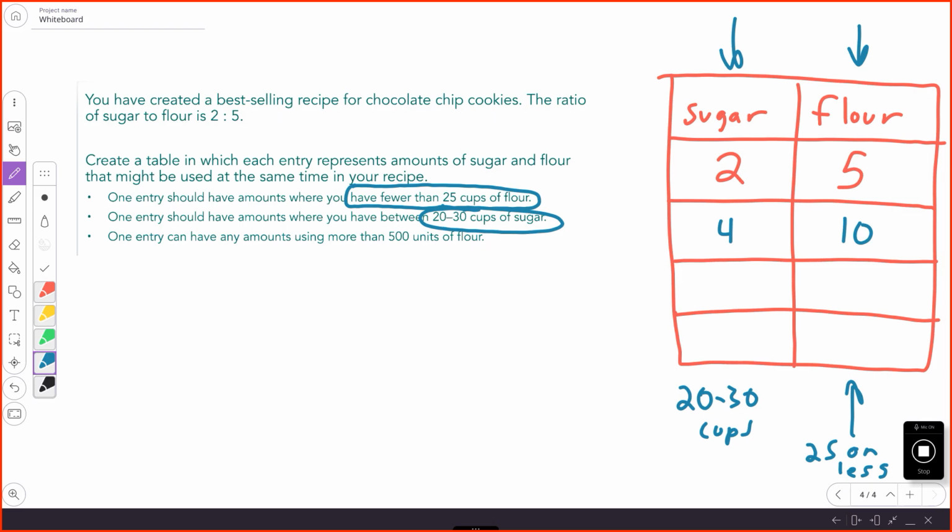So that's how you fill this out. And of course, one entry has to be more than 500 units of flour. So somewhere in here has to be 500 or more. Okay. I'll leave it up to you. You can use your shoulder partners, your table partners to answer all the questions. All right.